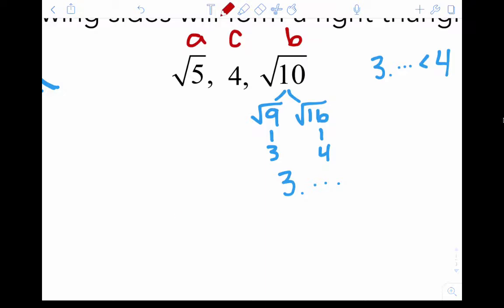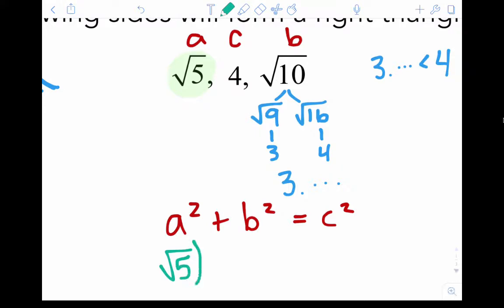So now I'm going to write out my Pythagorean theorem. A squared plus B squared equals C squared. And I'm going to start substituting my values in. So A is square root of 5. So I'm going to have square root of 5. I'm going to put that in parentheses so I know that whole thing is my A value, and I'm going to square it.